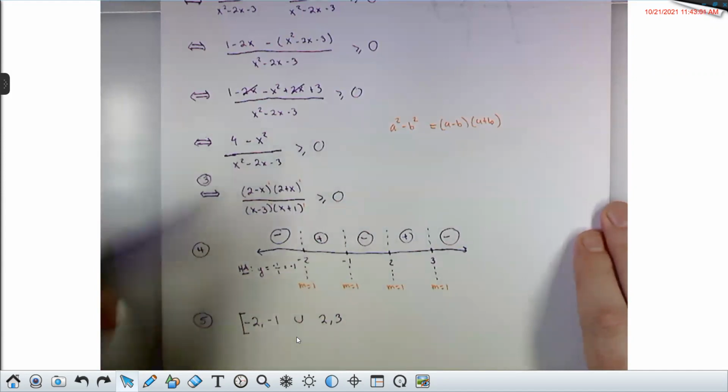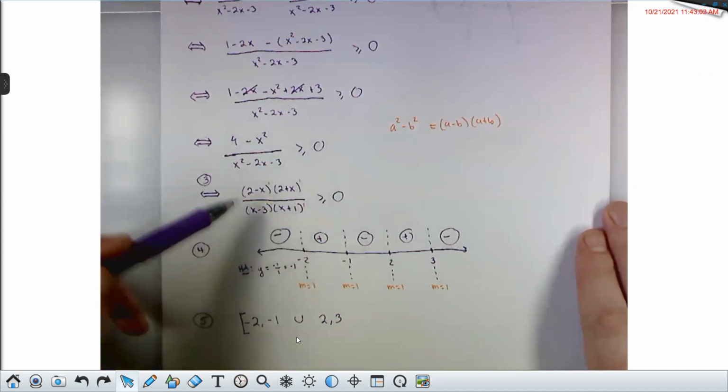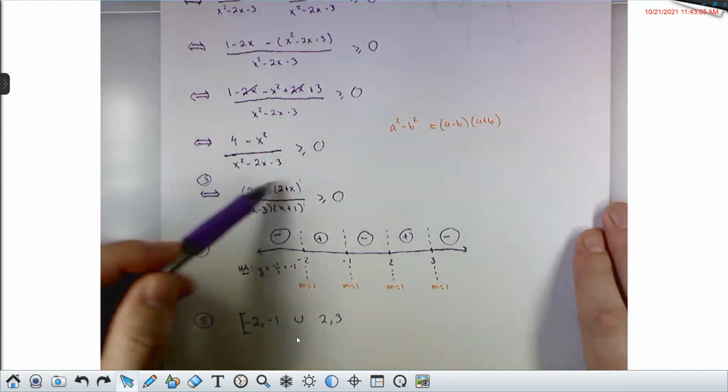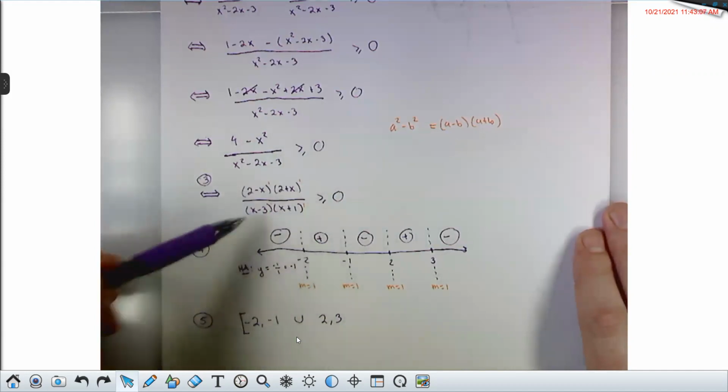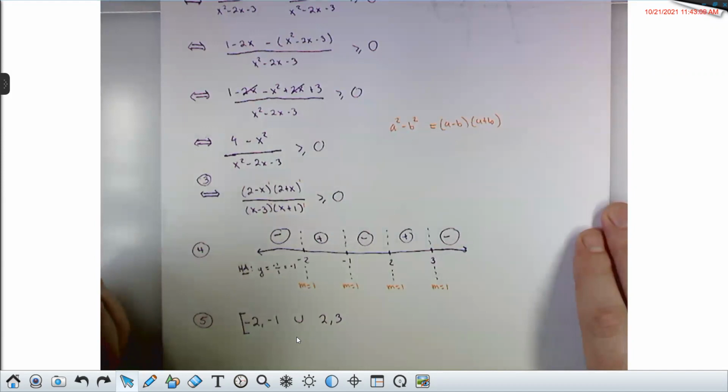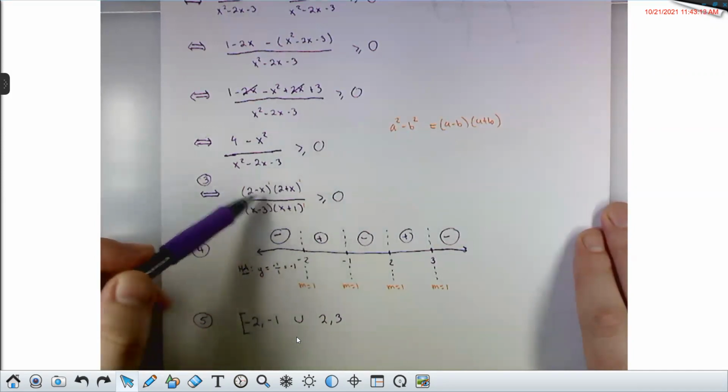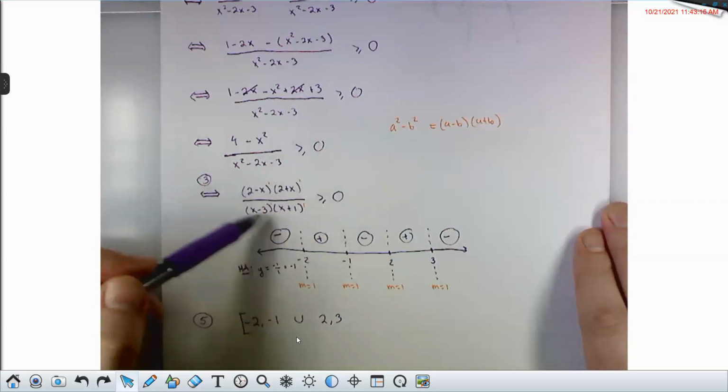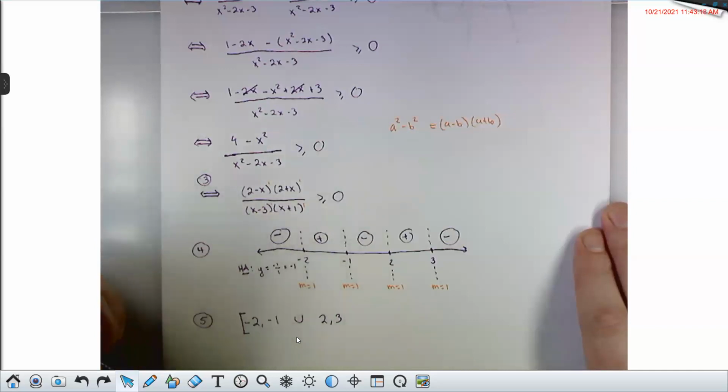But there's one other subtlety here. If you plug -2 into this function, what do you get? 0. The audio cut out there. I couldn't quite hear. What do we get when we plug -2 in here? 0? The y-intercept? No, not the y-intercept. The y-intercept is always coming from x equals 0.